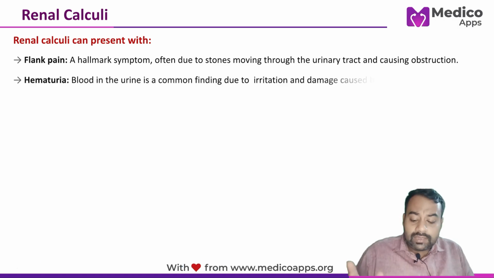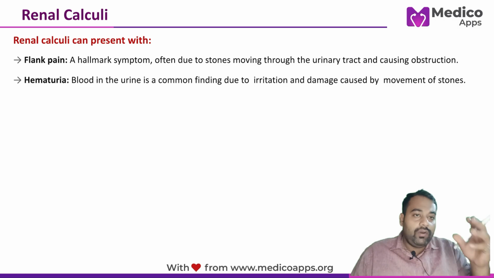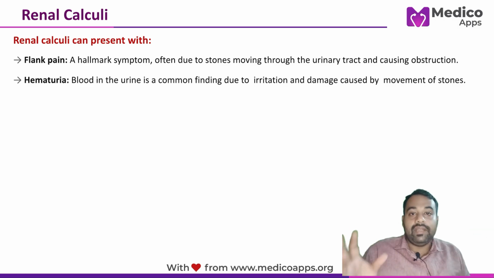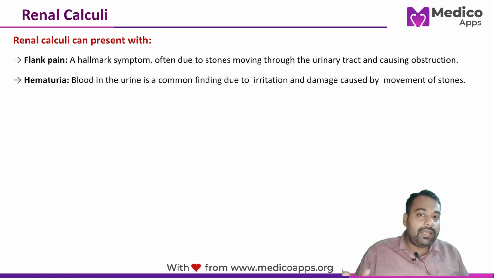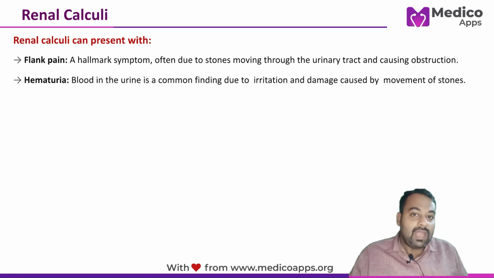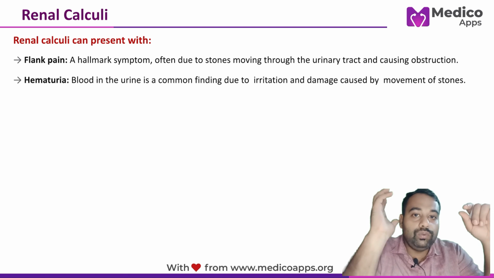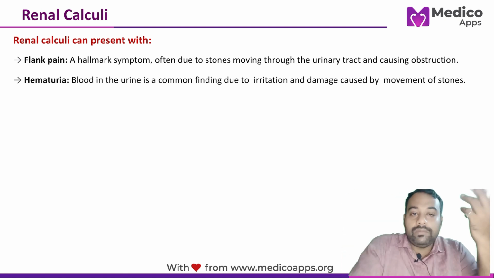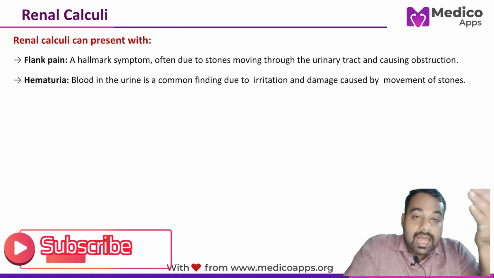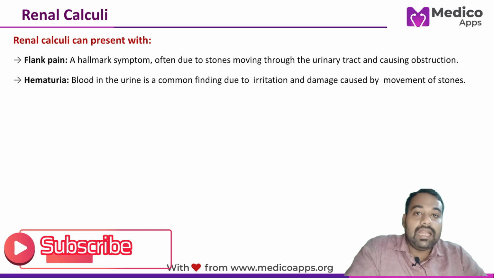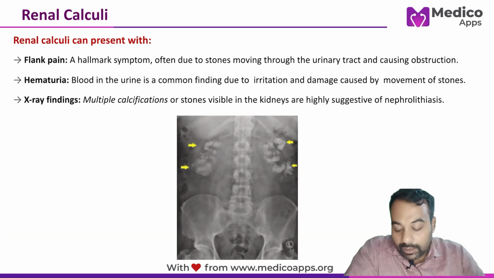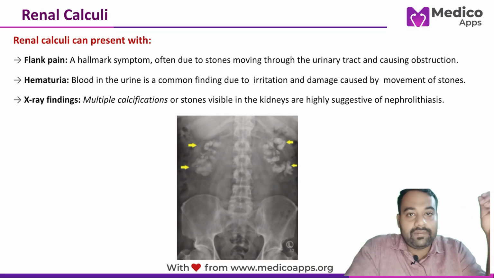Apart from the pain, there is evidence of hematuria. Now where does this hematuria come from? As the stone grazes through the urinary tract, there is a possibility of some bleeding, and that will be seen as hematuria. And then the typical X-ray findings.